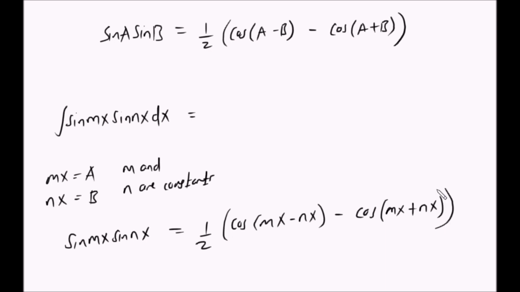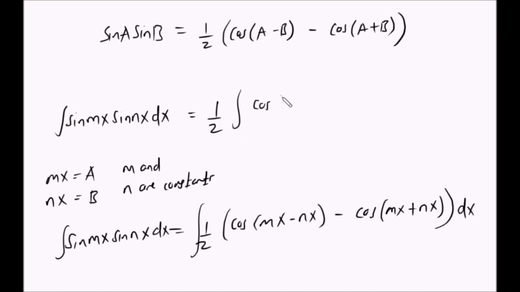So by looking at that formula above, you can see sin of mx times sin of nx can be expressed in that form. It can be expressed in that way. So if I want to integrate this with respect to x, it means we integrate this with respect to x. So the integral of sin of mx times sin of nx with respect to x is this, but 1/2 is a constant, so I take it out.